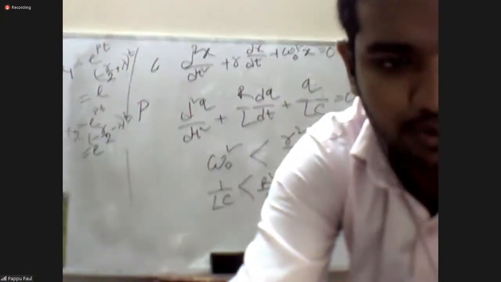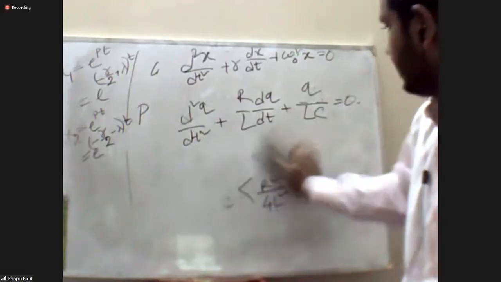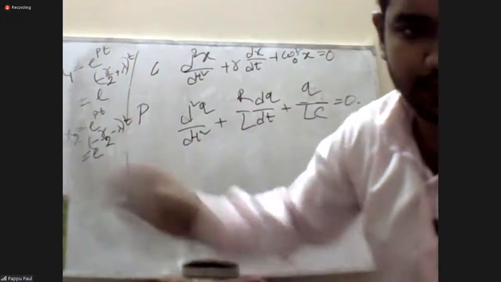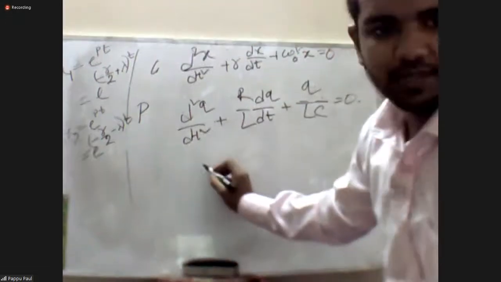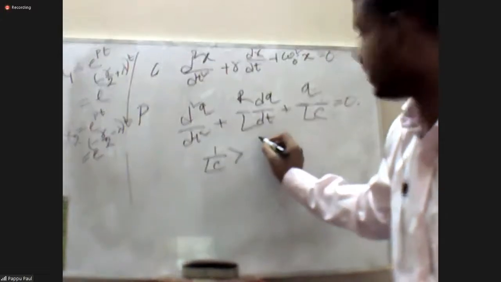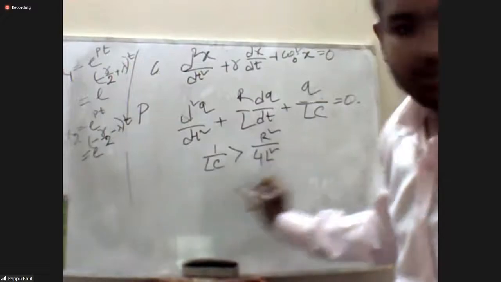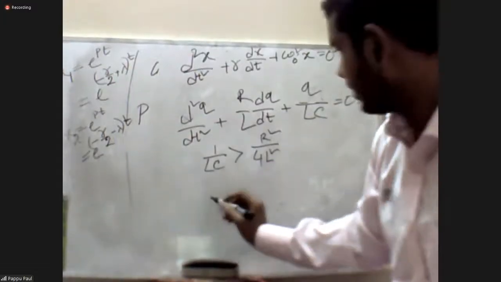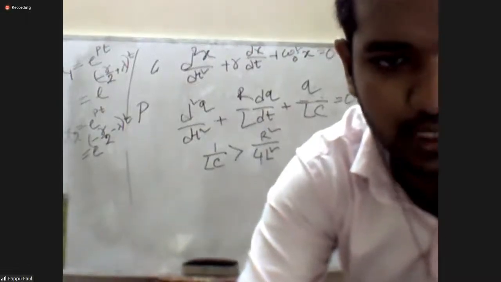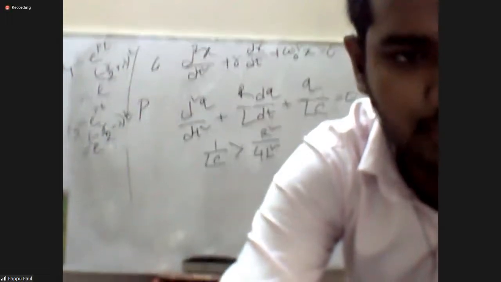If I move forward, in case one we already discussed damping harmonic oscillation, but for the LRC circuit, case one is 1 by LC greater than R square divided by 4L square. Can anybody remember what the solution is in case one?